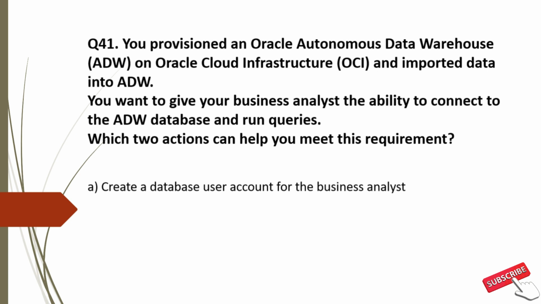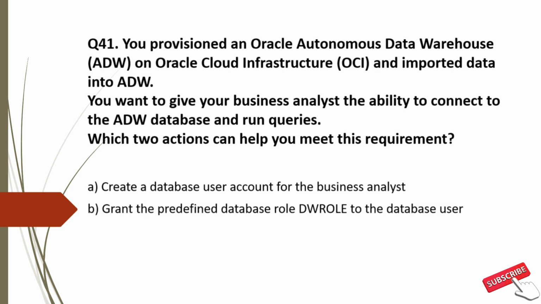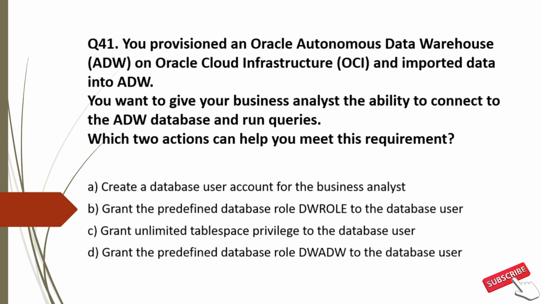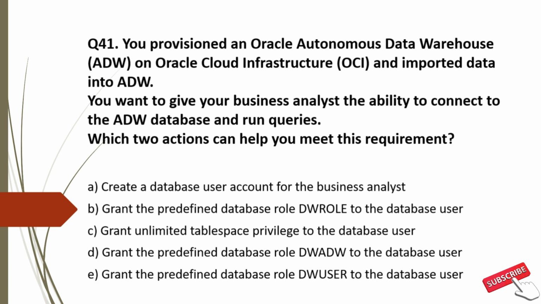And the options are A. Create a database user account for the business analyst. B. Grant the predefined database role DWROLE to the database user. C. Grant unlimited tablespace privilege to the database user. D. Grant the predefined database role DWADW to the database user. And E. Grant the predefined database role DWUSER to the database user.